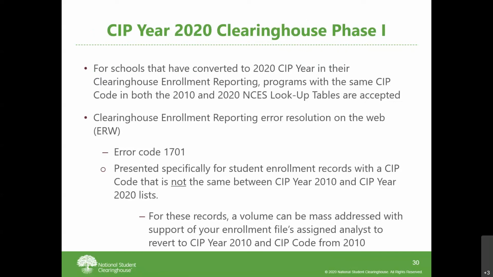And now we're just flipping the CIP year field to show 2020 instead of 2010. So that's the most straightforward and simplest one, I would say, for all of us to digest. It's a pretty straightforward situation. And the bulk of the CIP codes, as we saw in the earlier slide, they're not changing. It's over 1,500 of them that aren't changing.